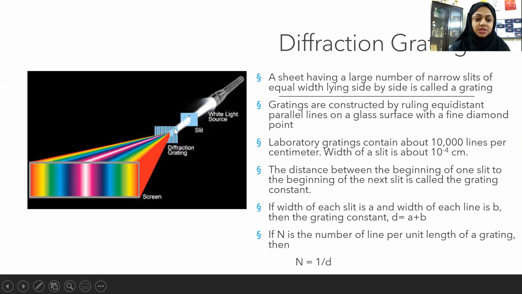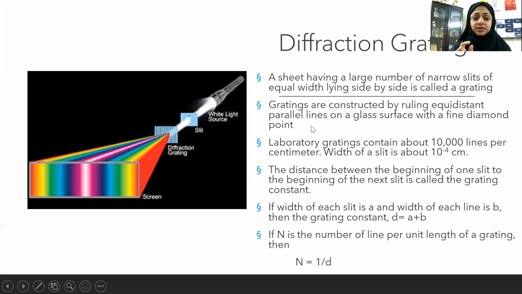It's made of a single piece of glass, and the gratings are constructed by ruling or scratching equidistant parallel lines on a glass surface with a fine diamond point.